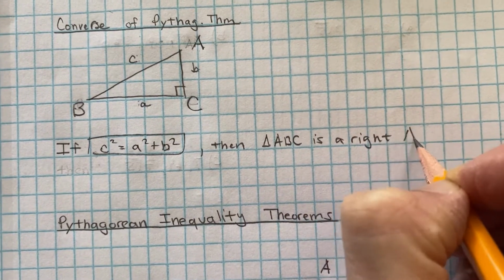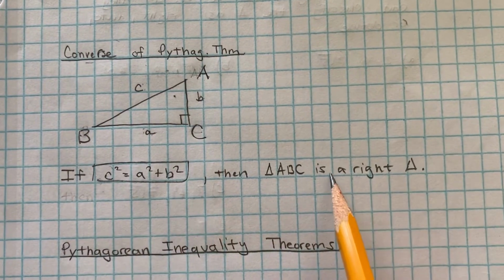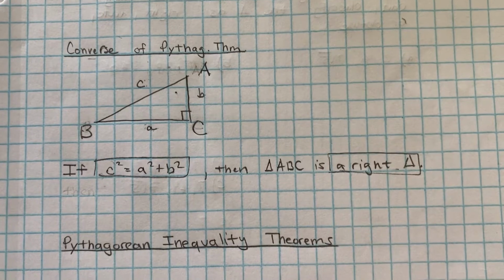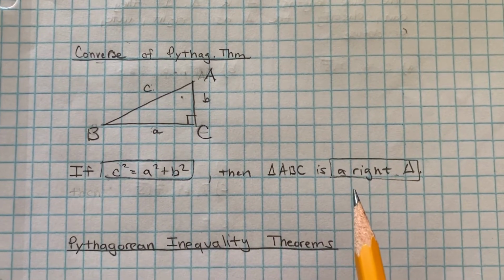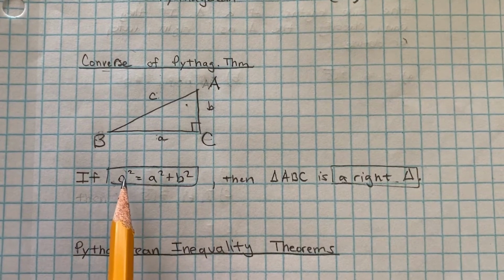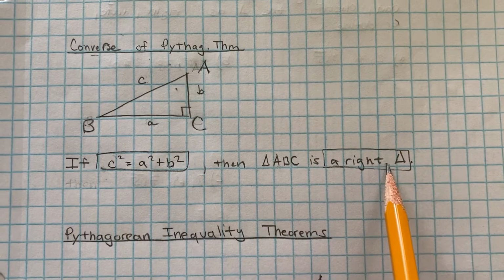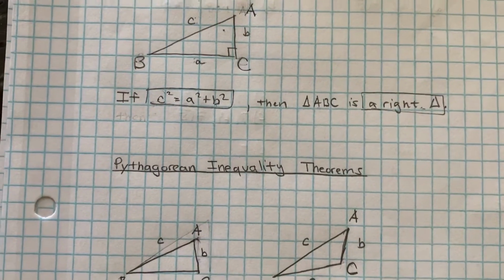Converse just means switch this statement with this statement. So that would be the converse of the Pythagorean theorem. Or you can think about it as, if the hypotenuse squared is the sum of the two legs squared, then ABC is a right triangle.